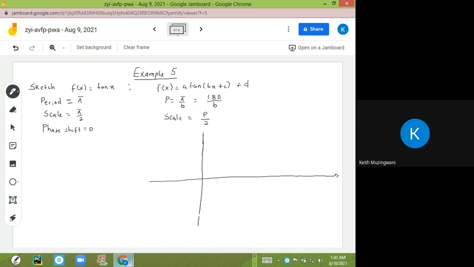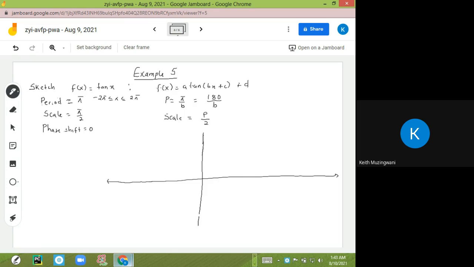I want to sketch this one. Let's sketch it from negative 2 pi to 2 pi. That's the interval.